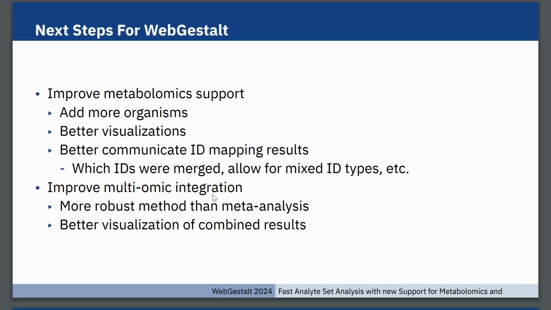So for example, you may input a list of 500 metabolites, but then WebGestalt will tell you, actually, we found that there's only 386 unique metabolites in this list. So it'll tell you how many metabolites we actually resolve these to, but I think we could better communicate how that process was handled, allowing for mixed ID types, etc.